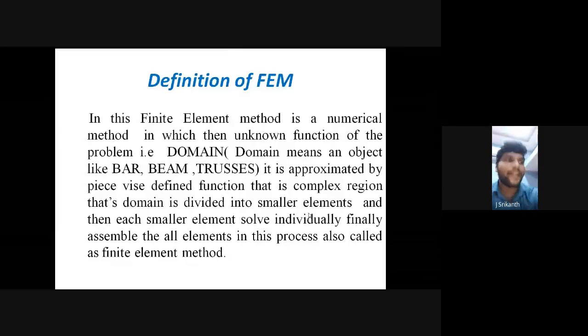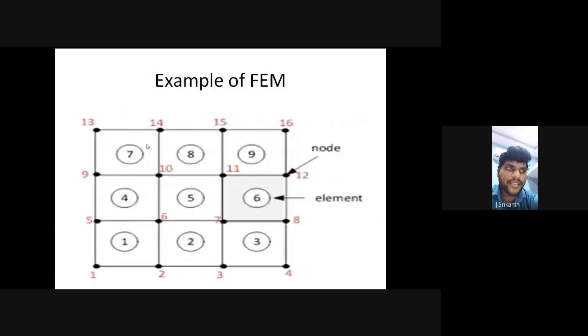That is the main point in this particular definition. What is the meaning of domain? Domain is the elements. For example, this is an example of the finite element method. It includes various types of elements. How many elements? 9 elements. So element is also called the domain. At that time, we start the problem with step number 1, dividing into each element. So 9 elements.